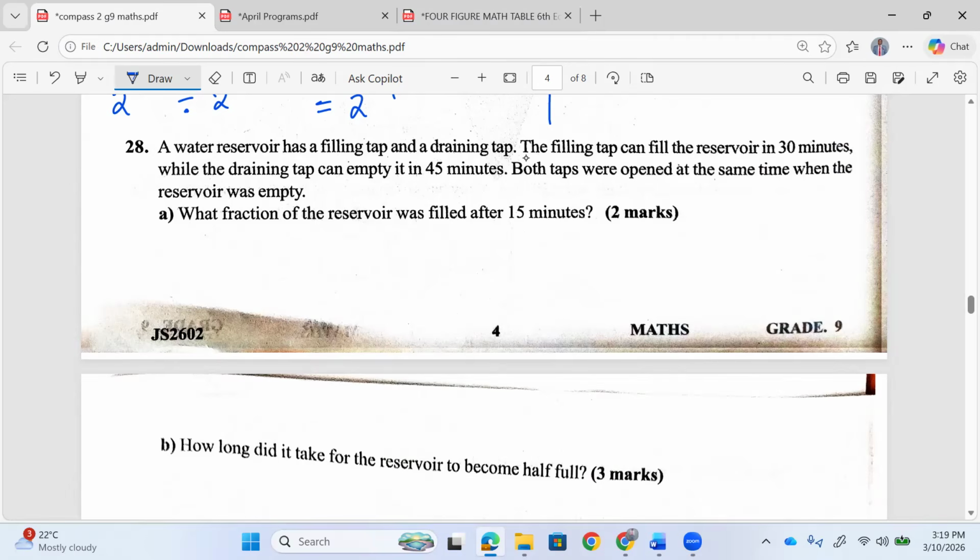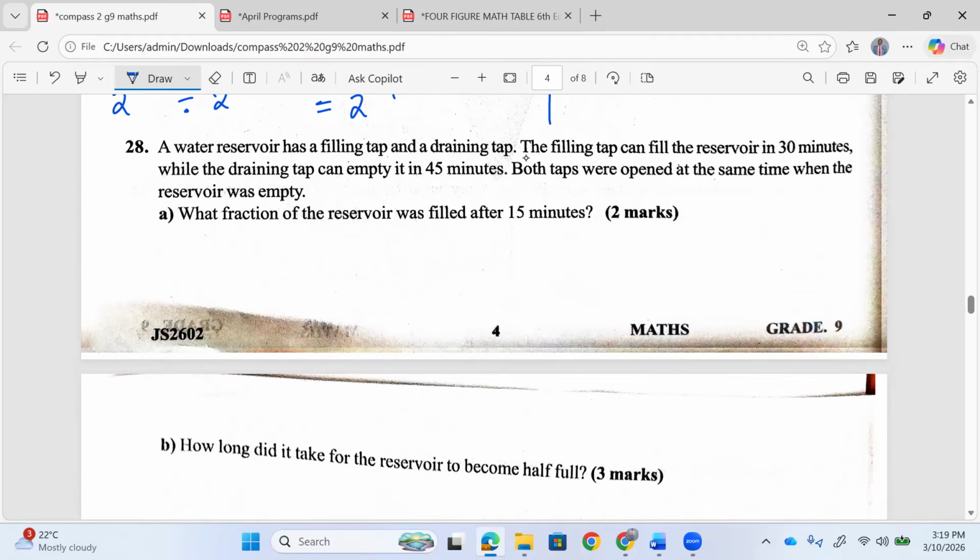Now, the first thing that we're supposed to work out here, ladies and gentlemen, is to ensure that we obtain the working rate of these particular taps.